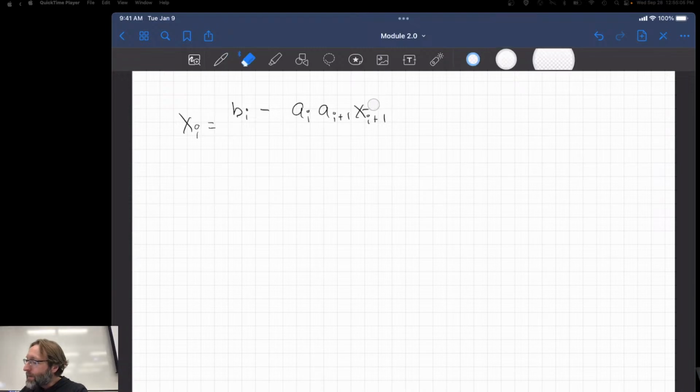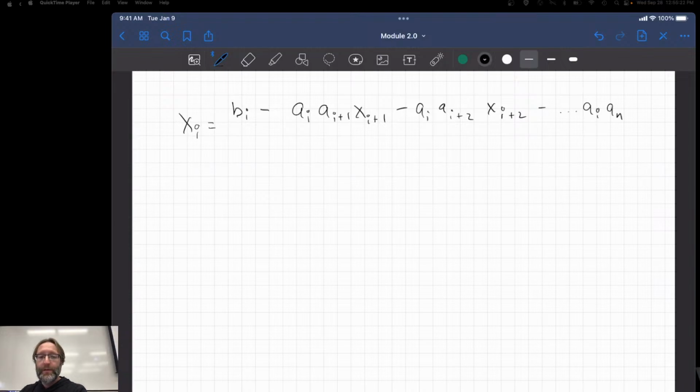Minus a sub i plus 2, x of i plus 2, right? Minus dot dot dot. The last one will be the thing on the same row, a sub i n, x of n. This is the last variable, second to last variable, dot dot dot, and then the variable that you solved for right before.